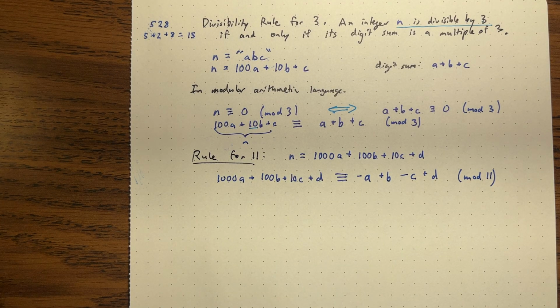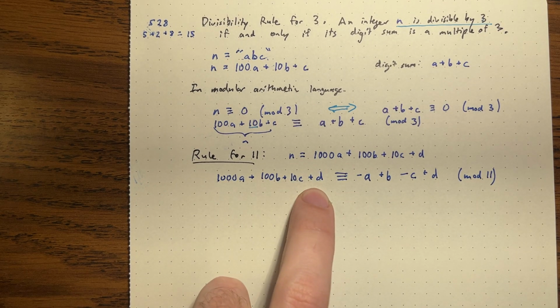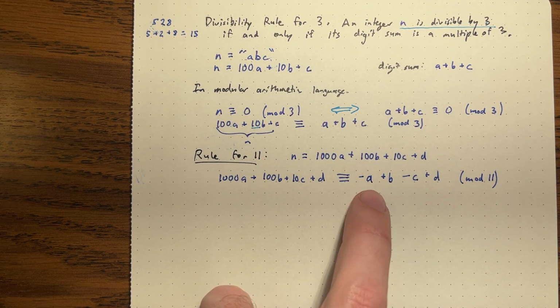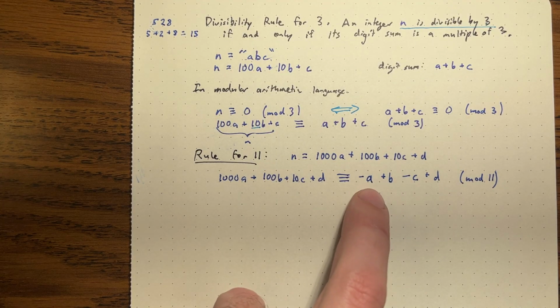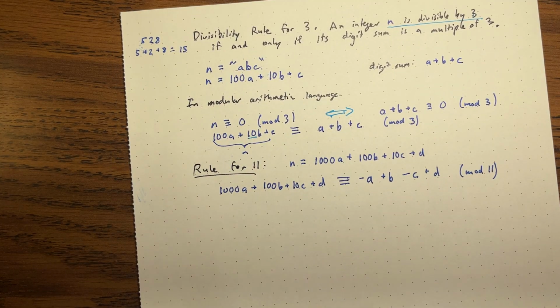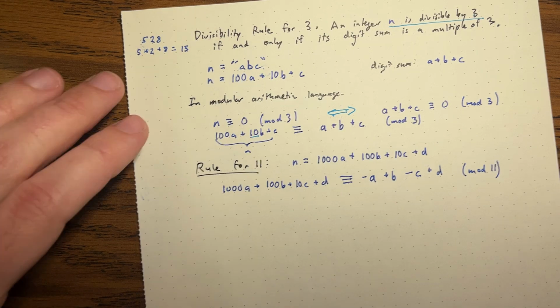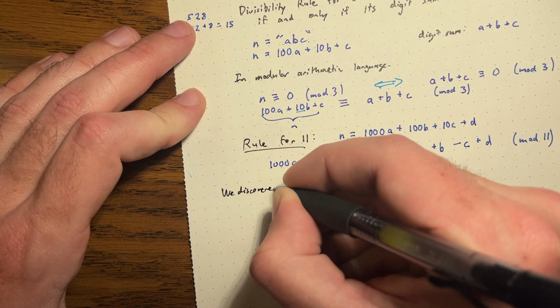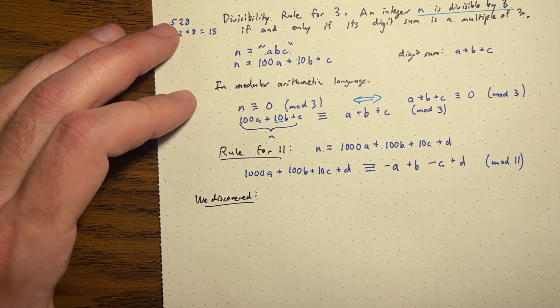It's saying, if this is congruent to 0 mod 11, well, so is this, but this is something that's simpler to calculate, right? Because this just has to do with the sum of the digits. It's a little different than that one, right? It's an alternating sum of the digits. So here's, in fact, what we discovered, and we'll try an example with it just to make sure it works.